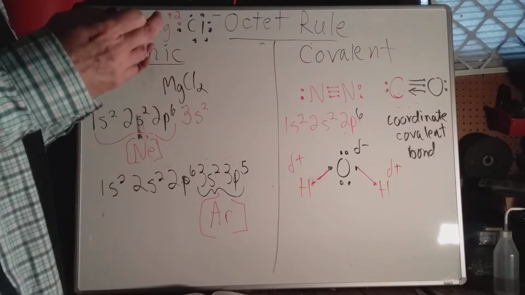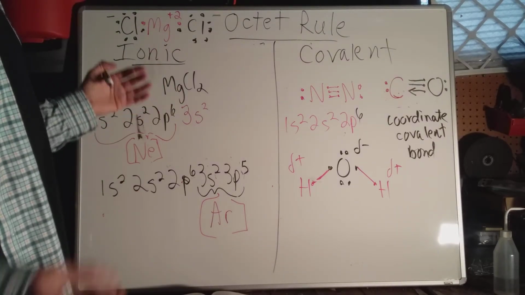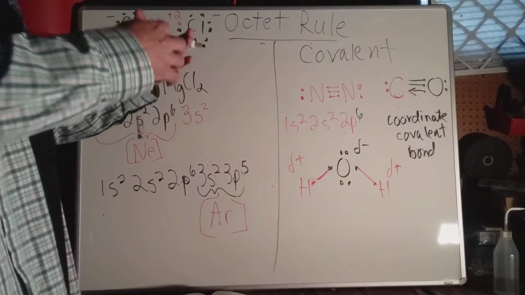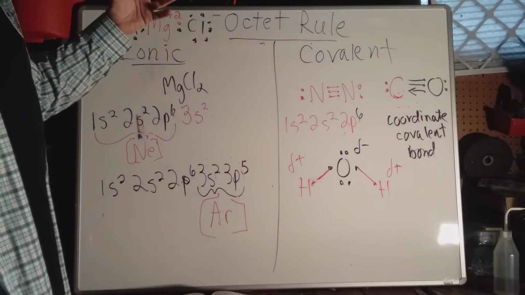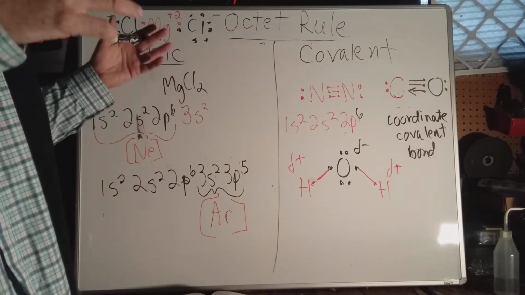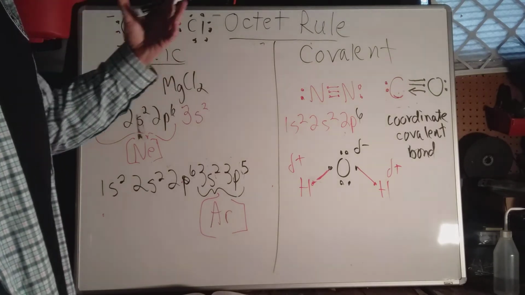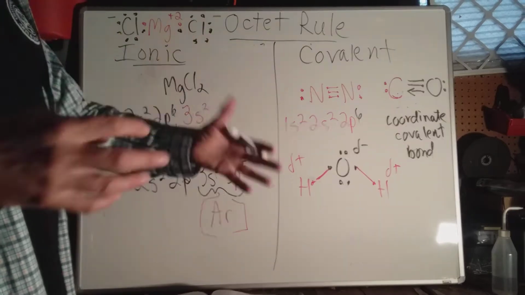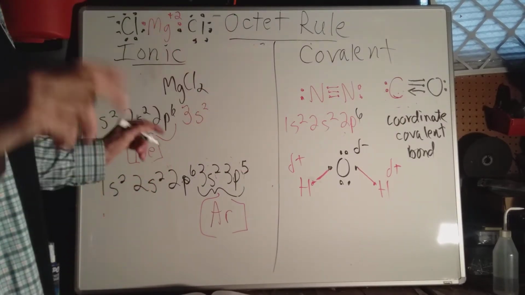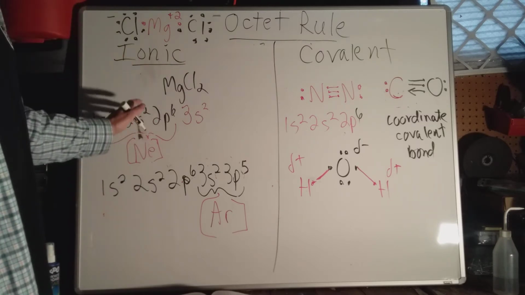And this happens through ionic bonding, where essentially, for the most part, these 2 valence electrons of magnesium leave the orbit of magnesium, not completely, but chlorine very much dominates the attraction of the electrons in what they would call the electron cloud density, the fancy term for it.